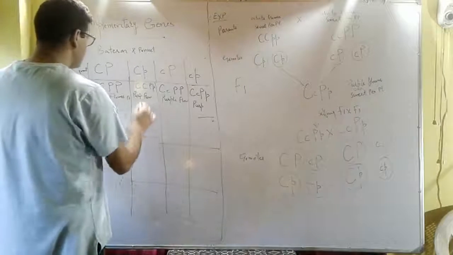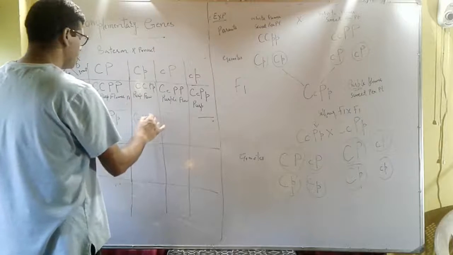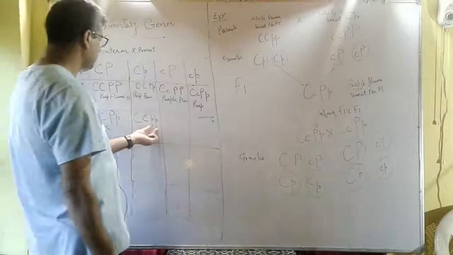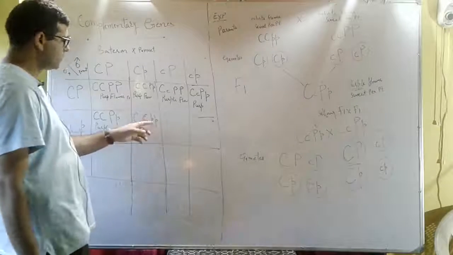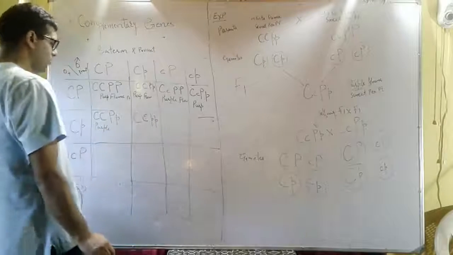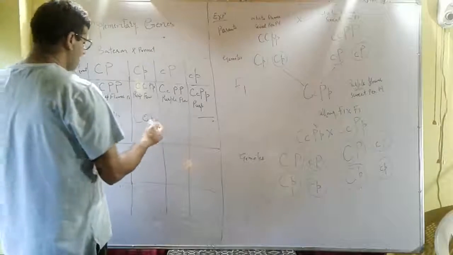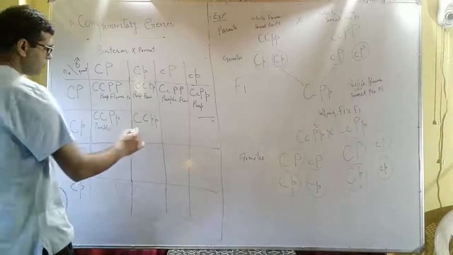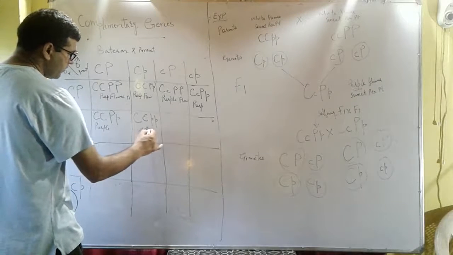This is capital C, small p. As one dominant allele of a gene is absent, that means we have small p, not capital P. Therefore, the sweet pea plant would have white flowers.